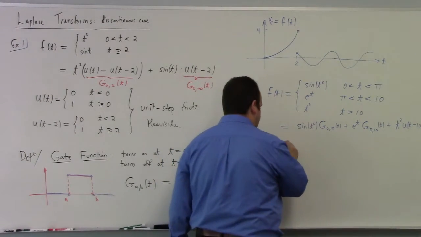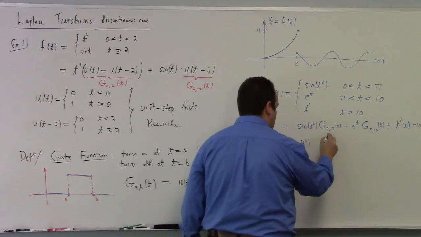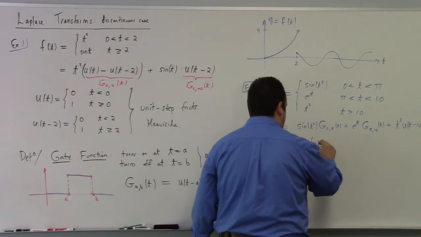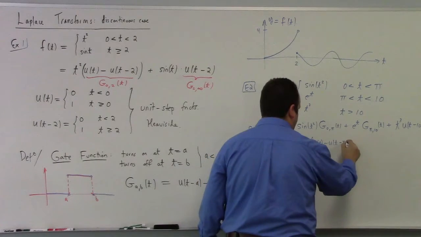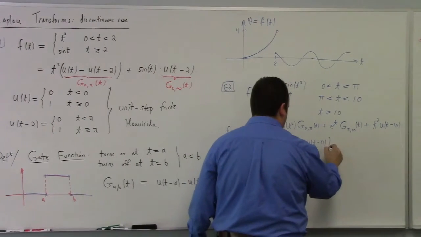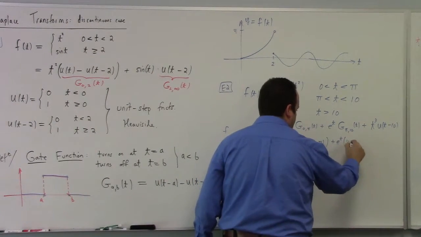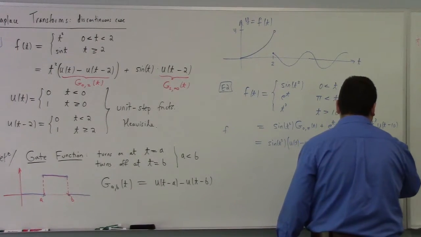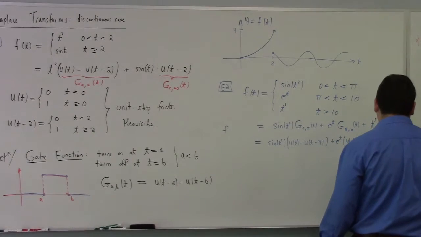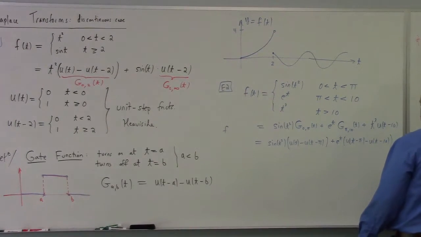To be more explicit, this is the sine of t squared times parentheses u of t minus u of t minus pi, right? Plus e to the t times u of t minus pi minus u of t minus 10, plus t cubed u of t minus 10.